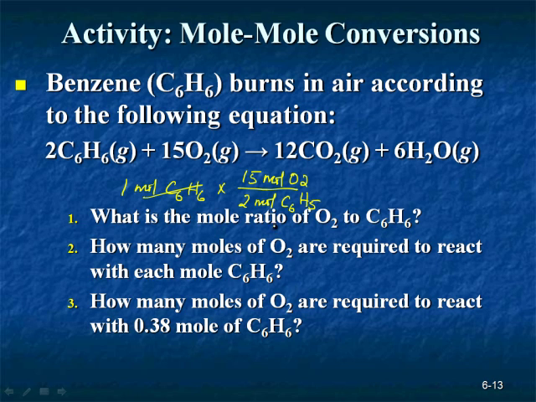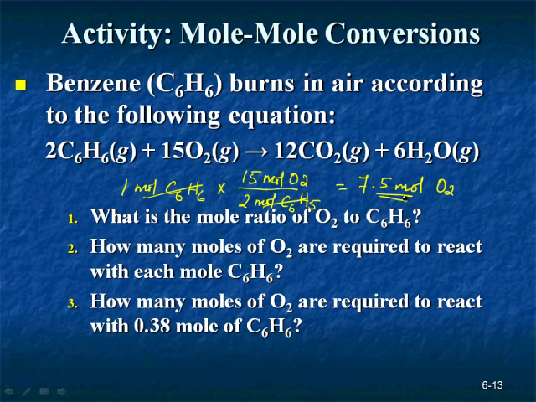So moles of C6H6 get cancelled, and the math you are doing is basically 1 times 15, 15 divided by 2, which is 7.5. So you will require 7.5 moles of oxygen. This would be the setup. But as I said, this one you can just do overhead because the numbers were whole numbers.